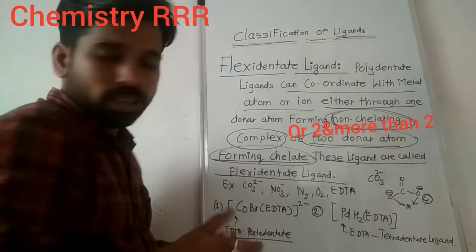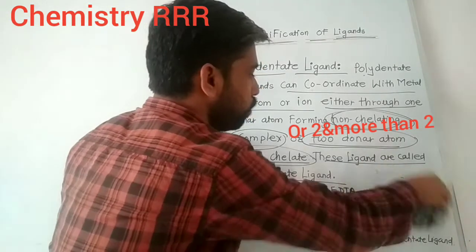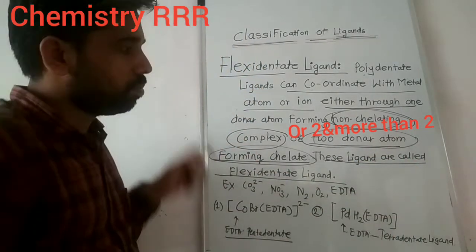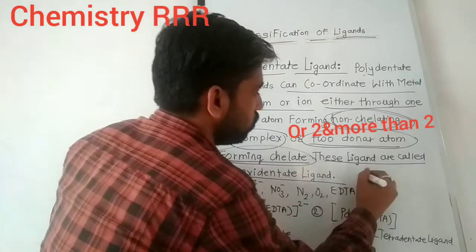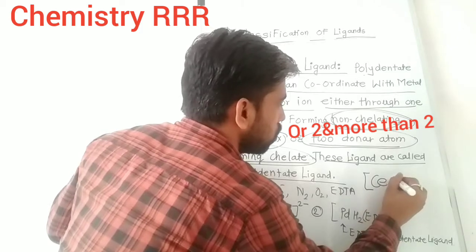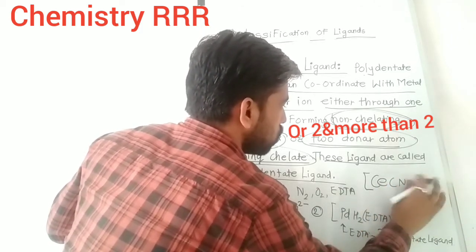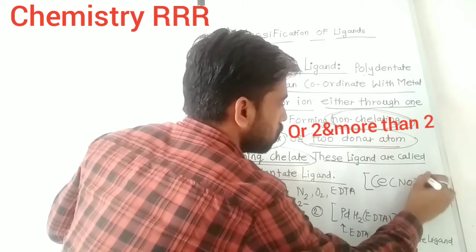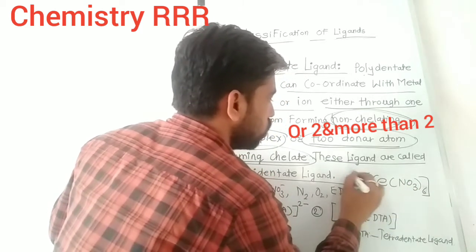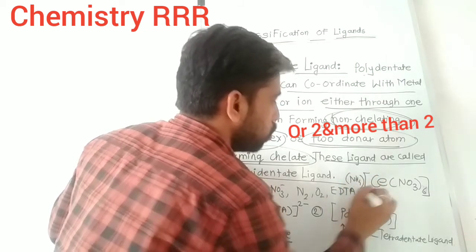What is the structure of ceric ammonium nitrate? The structure is like this, with NH4 two times.